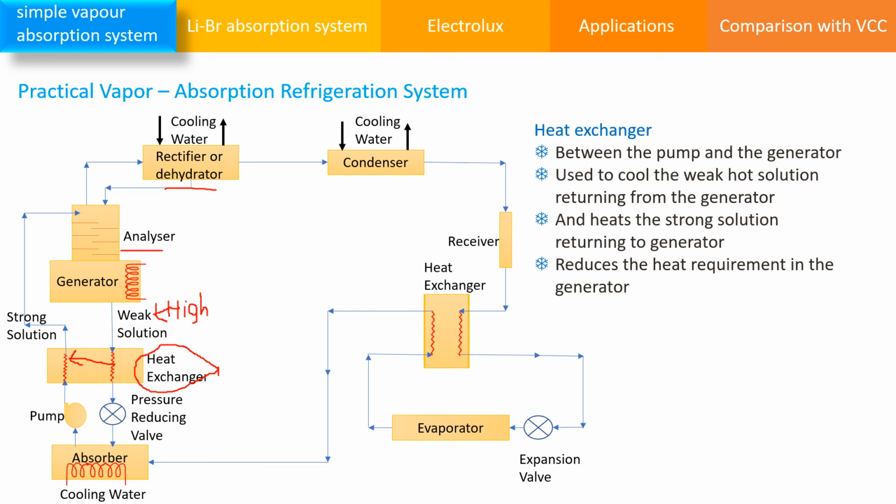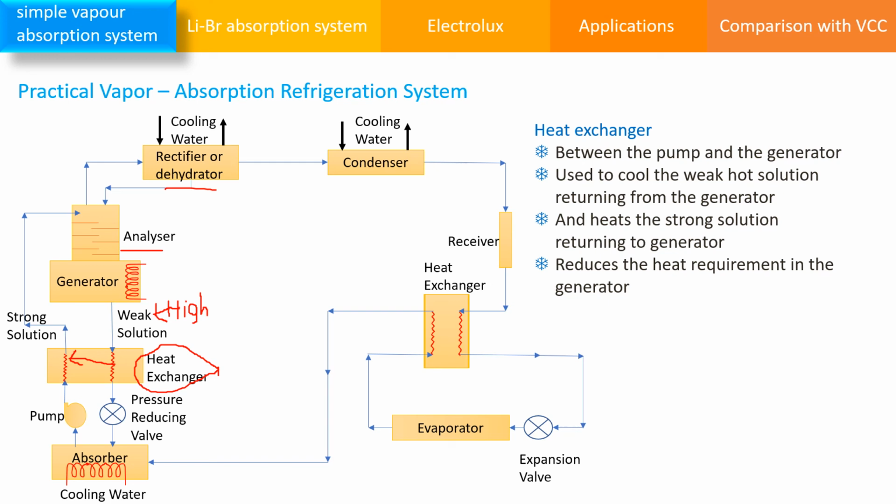Thus, the cooled weak solution passes through the pressure reducing valve back to the absorber, where it is cooled again for absorbing more ammonia. So the absorber receives a cooler solution than it would have received before, which also reduces the required cooling effect in the absorber.